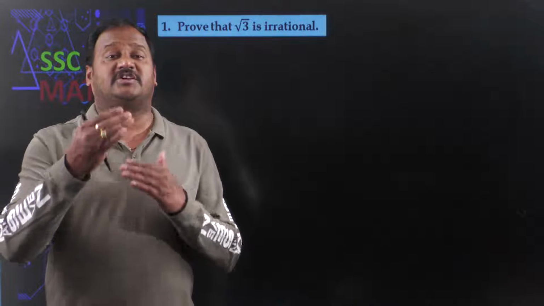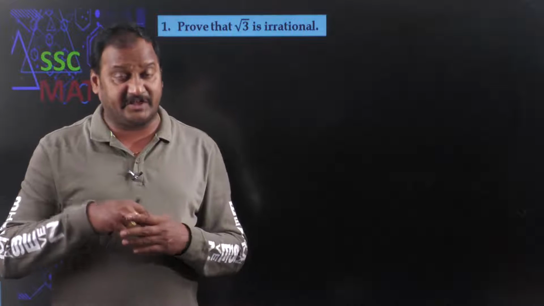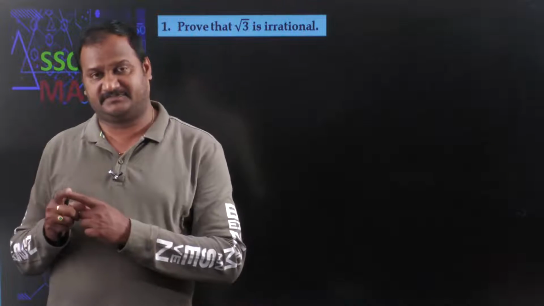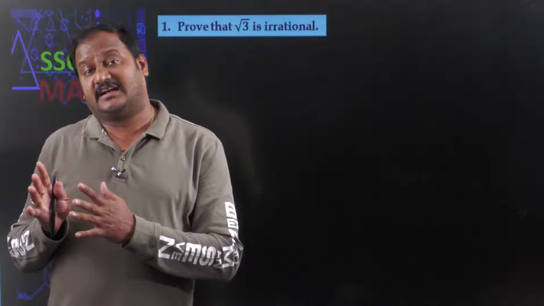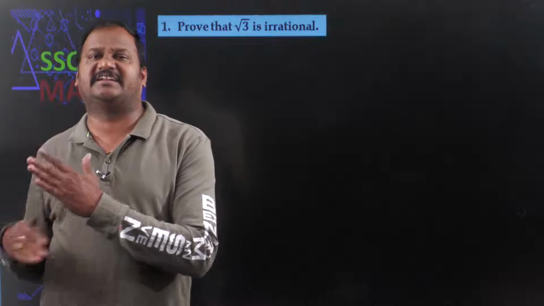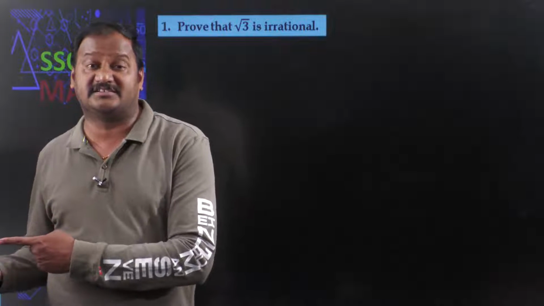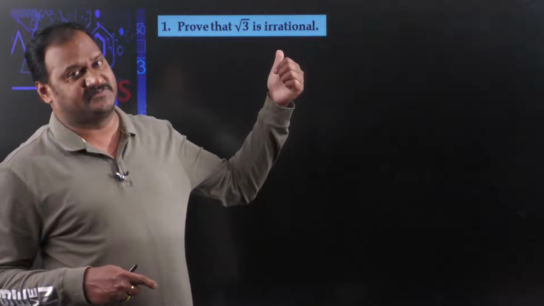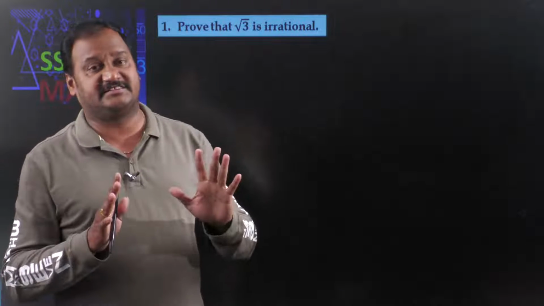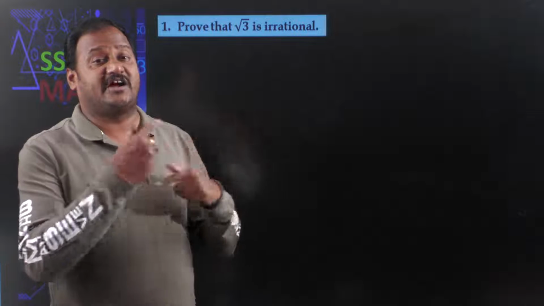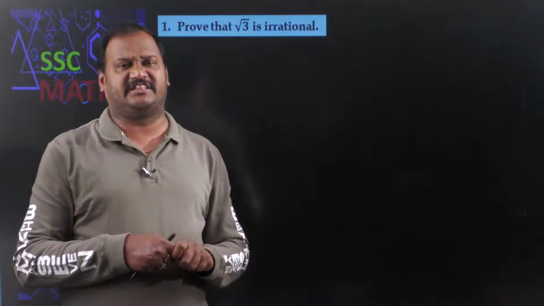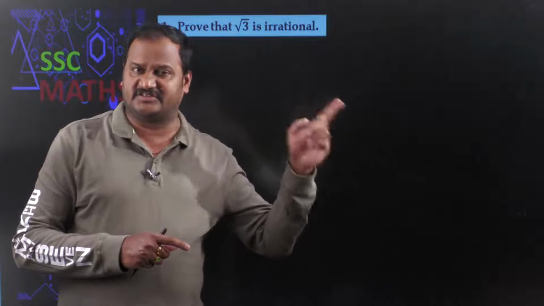Then through a logical sequence of steps, we end up with a wrong conclusion. That is what is called a contradiction. Contradiction is nothing but getting a wrong result. Why are you getting a wrong result? Because of your wrong assumption. You assumed that root 3 is not irrational, and that was the wrong assumption.